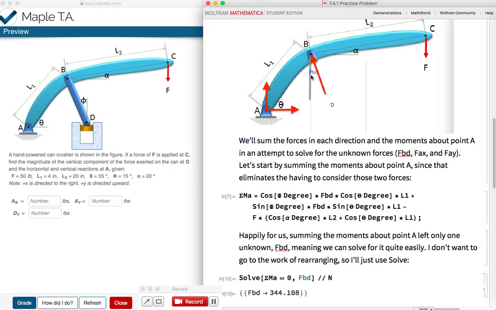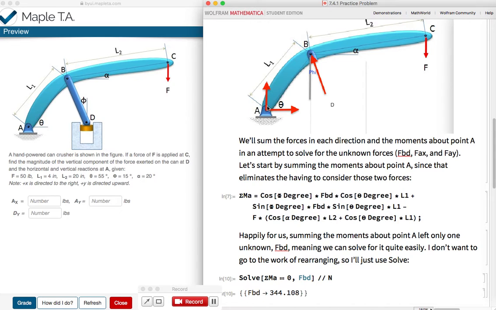That means I need to take the cosine of angle phi and multiply that by BD. So cosine of phi, and remember we have to use this keyword degree in here to get it to calculate using degrees instead of radians. And so this whole thing right here is the vertical component of the force in BD. And then we want the distance.